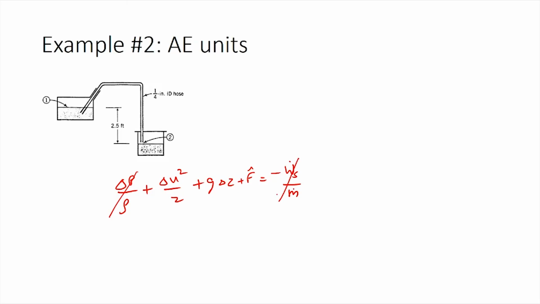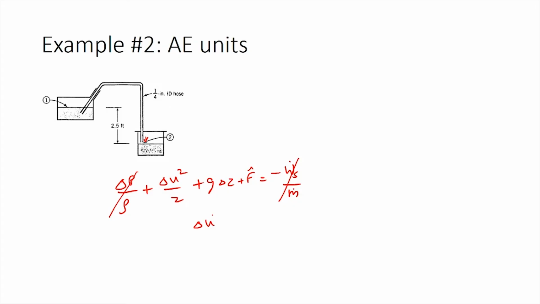We do have a change in height, there is a 2.5 feet change in height, and we also would have a change in velocity, because at point 1 water is stationary inside the tank, and at point 2 you actually have water flowing out of the pipe. So, there would be some velocity at point 2. So, there is going to be a delta u squared, and F cap has also been given. Now, let us try to calculate each of these parameters.